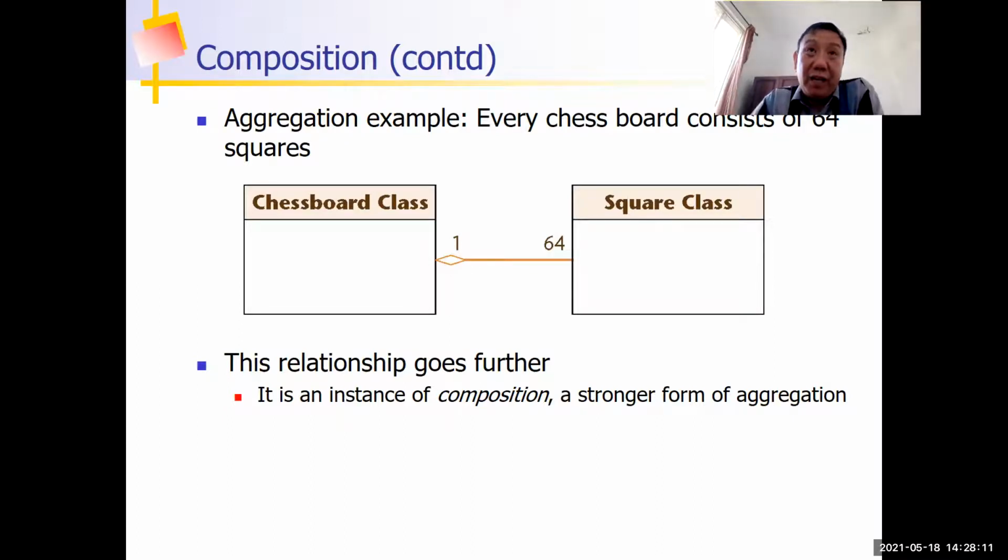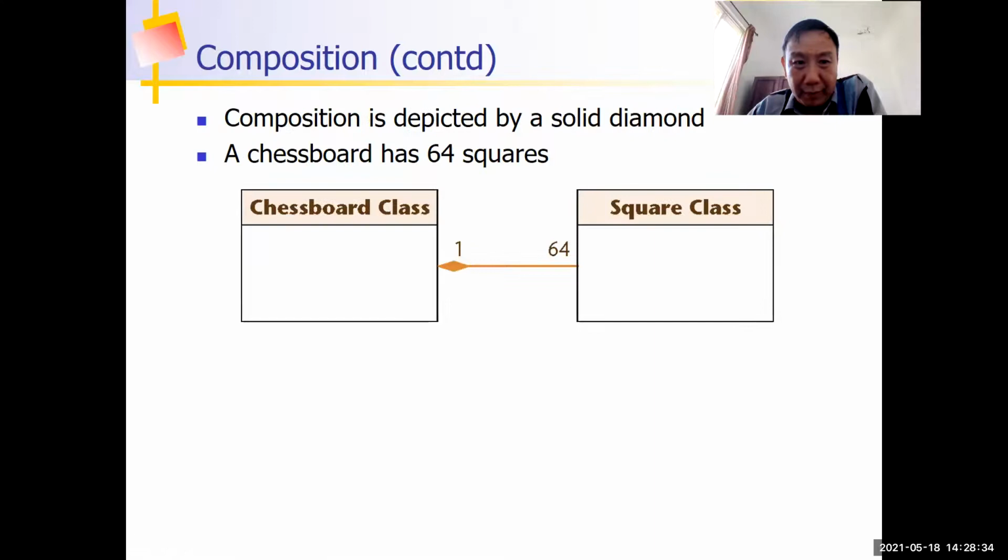So they live together, they love each other so much, yeah? They live together and they die together. That is composition. Can you distinguish between composition and aggregation?